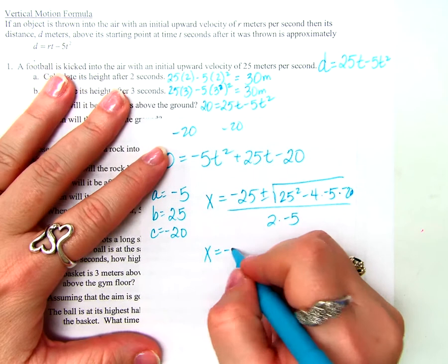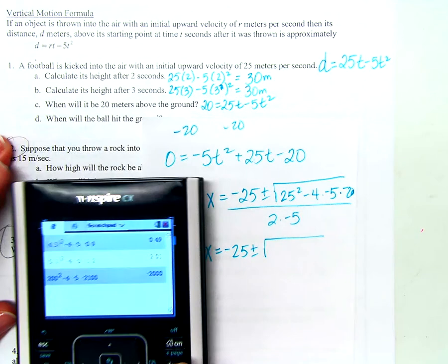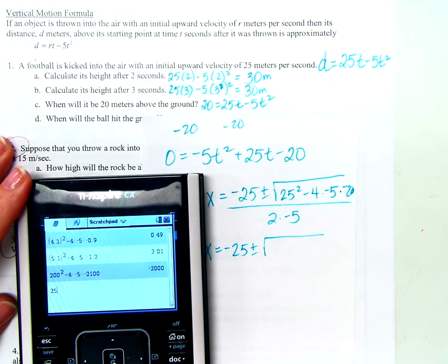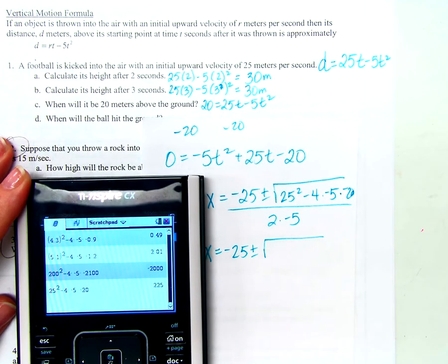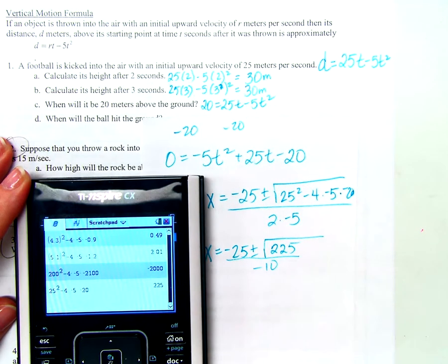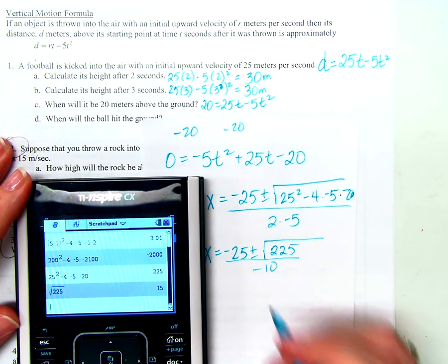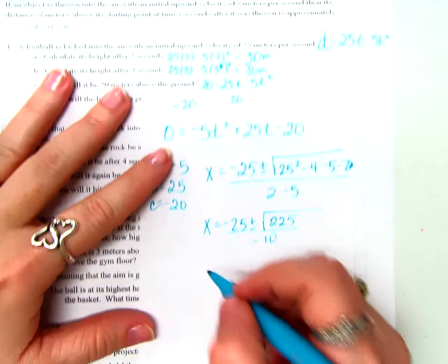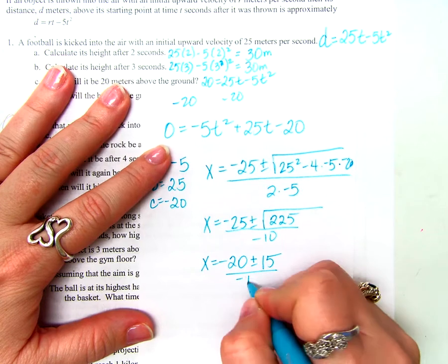X equals negative 25 plus or minus the square root of, and I'm going to let my calculator do the math for me, 25 squared minus 4 times negative 5 times negative 20, 225, over negative 10. What is the square root of 225? Do you know that? It's 15. So I have x equals negative 25 plus or minus 15 over negative 10.